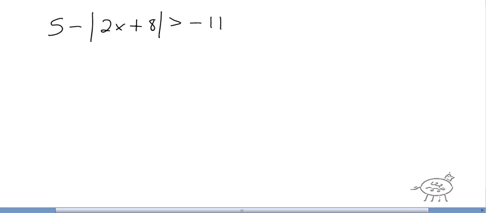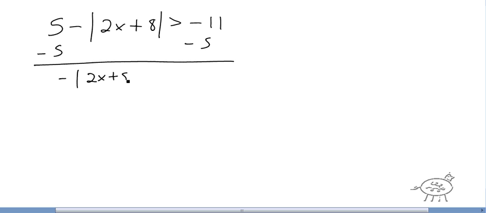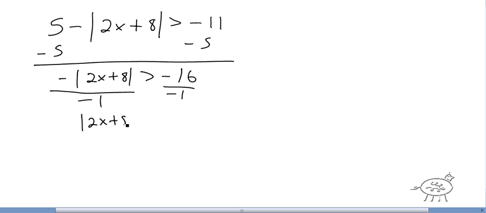So let's solve it. I'm going to subtract 5 from both sides. Negative absolute value of 2x plus 8 greater than negative 16. Divide both sides by negative 1. So you get absolute value of 2x plus 8 is less than 16. It's a less than problem, so again, it's a between problem.